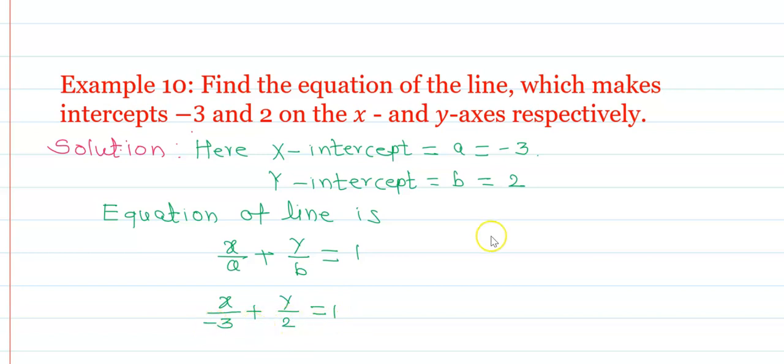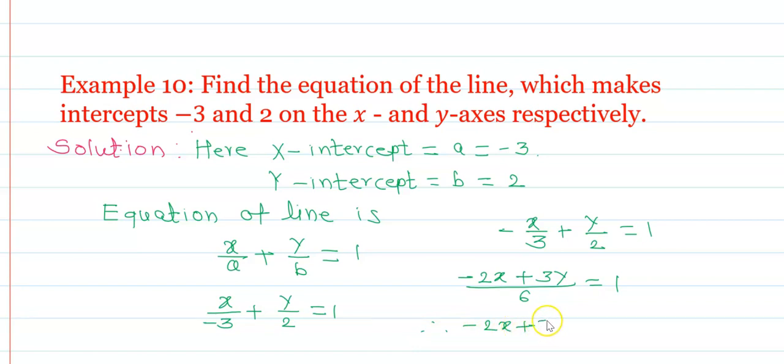Now the cross multiplication, you can keep it as it is, minus x upon 3 plus y upon 2 is equal to 1, or you can simplify like this: minus 2x plus 3y upon 2 into 3, which is 6, is equal to 1, and therefore minus 2x plus 3y is equal to 6.